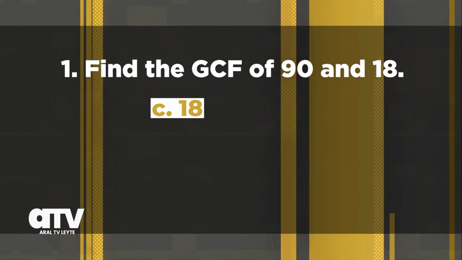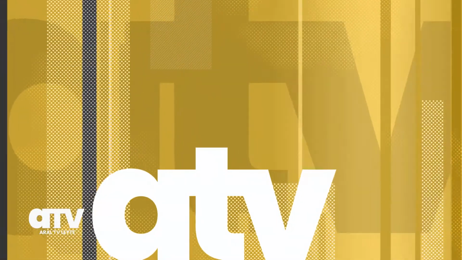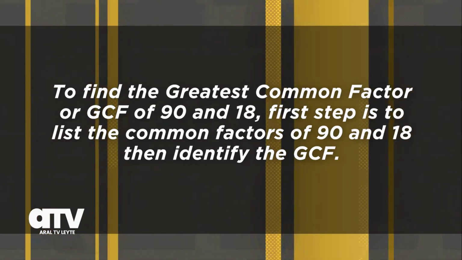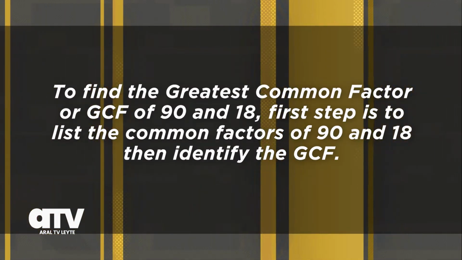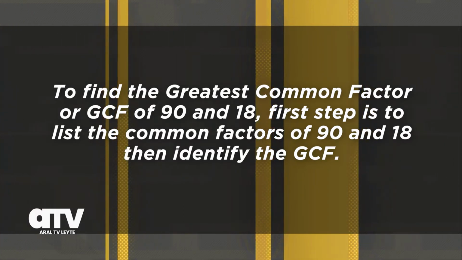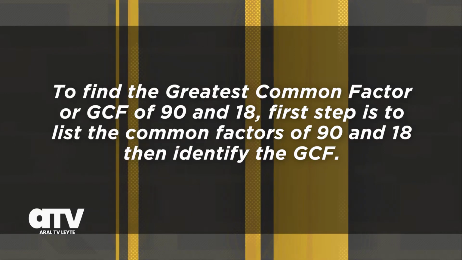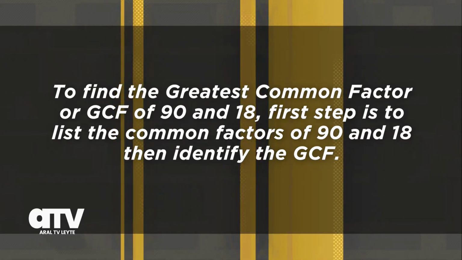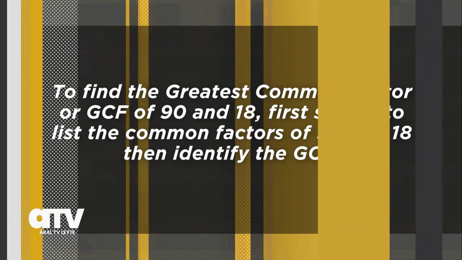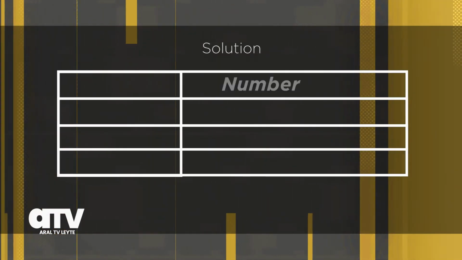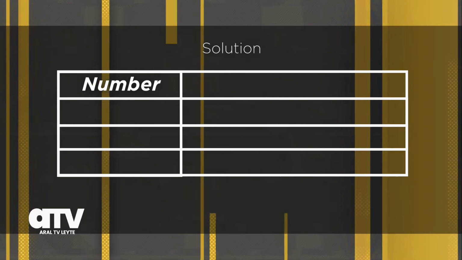This is how we solve. To find the greatest common factor, or GCF, of 90 and 18, first step is to list the common factors of 90 and 18, then identify the GCF. Solution. In first column, number.